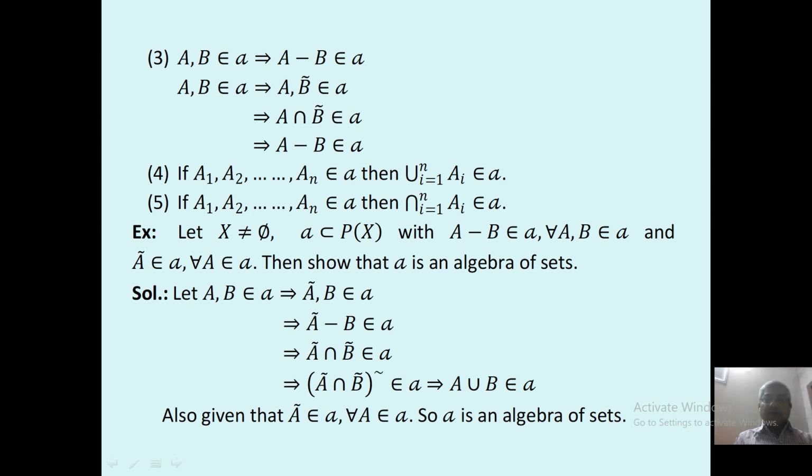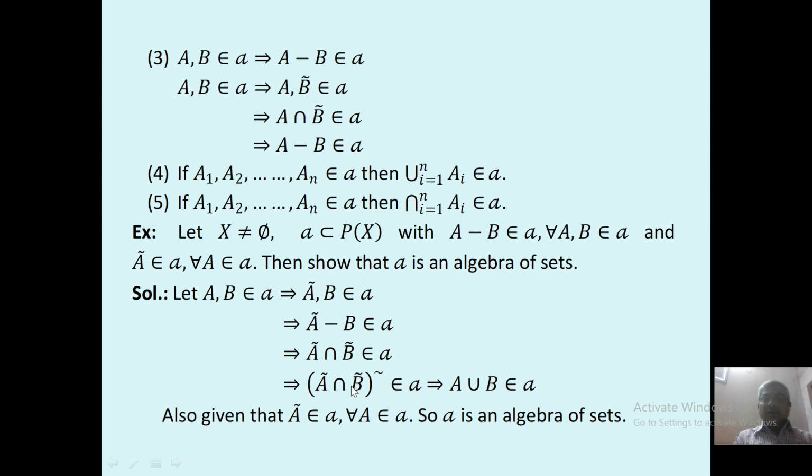So A complement intersection B complement also belongs to script A. Again using the second condition, the complement of this member, that is A complement intersection B complement, also belongs to script A.